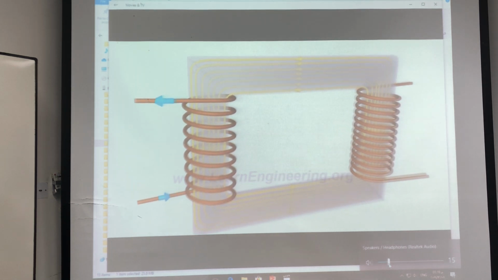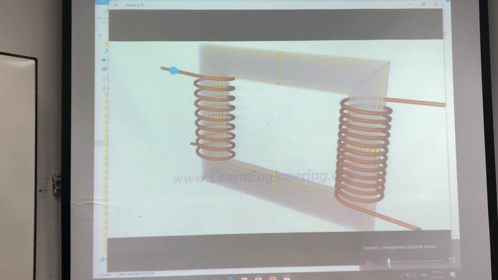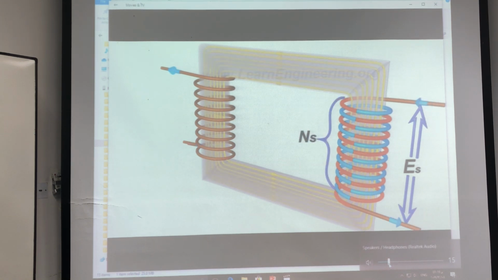This fluctuating magnetic field will induce an EMF in the secondary coils due to electromagnetic induction. Since the turns are arranged in series, the net EMF induced across the winding will be the sum of the individual EMFs induced in each turn.